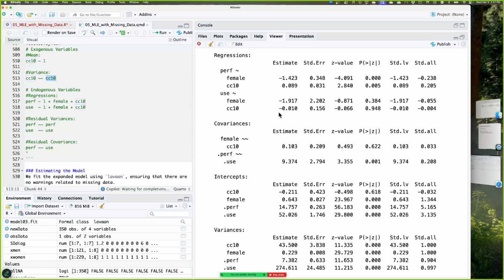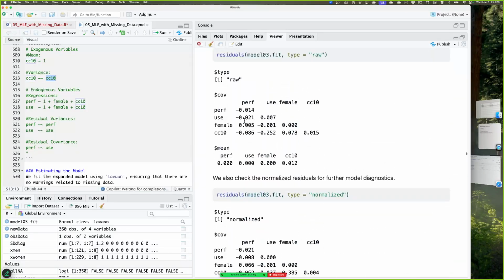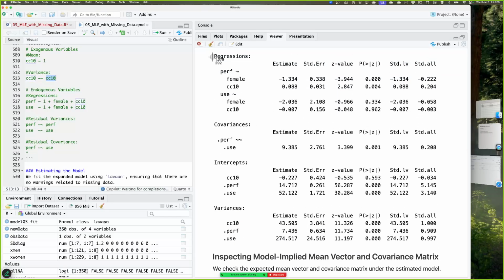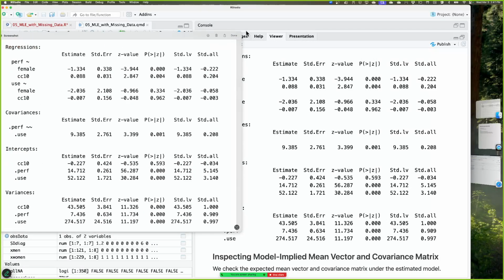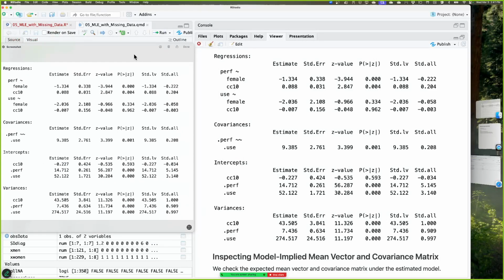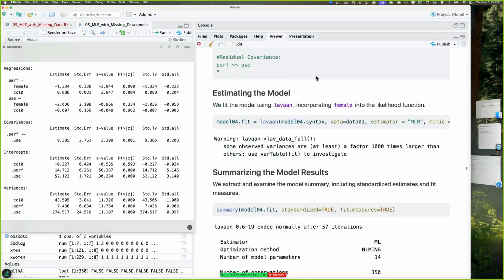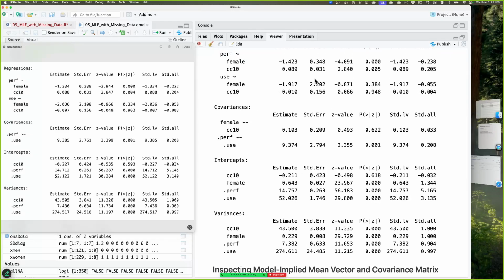Again, these are not big differences in parameters. I don't have the other parameters, but maybe I can go peek at them real quick. Just a second here. So these are the original parameters, and these are re-estimated parameters with female in the likelihood.